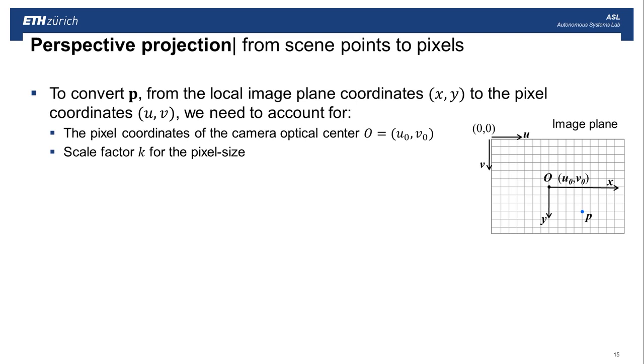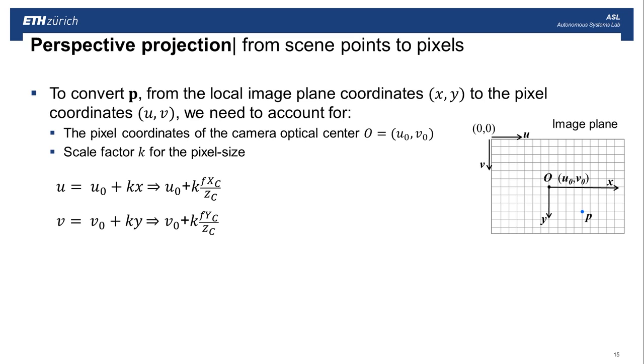So, until now, we were able to project scene points onto the image frame. Now, we need to convert points on the image frame from metric units, say meters or millimeters, into pixels. In order to do this, we need to account for the pixel coordinates of the camera optical center and the scale factor, k, for the pixel size.